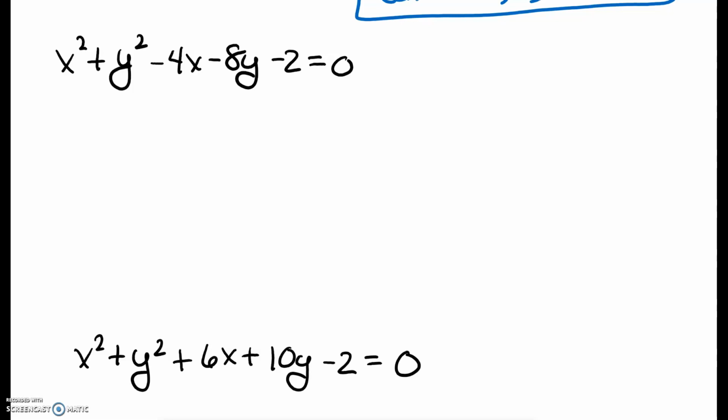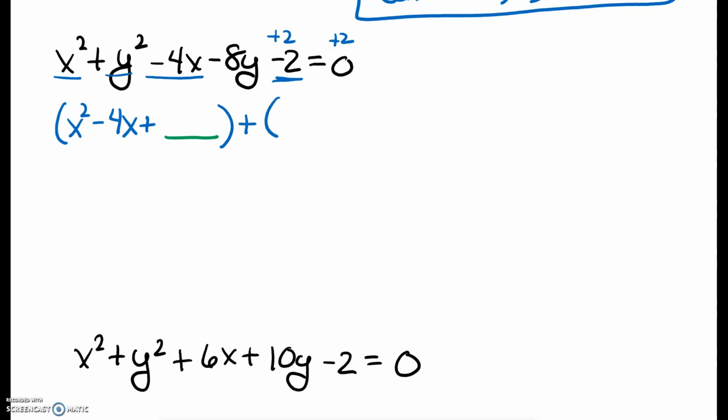Let's move our constant in this one. Look at this, our constant is not on the other side. So I'm going to group my terms and move my constant to the other side by adding it. So I have an x squared and a minus 4x, and I need to add something. We'll add a green blank here.